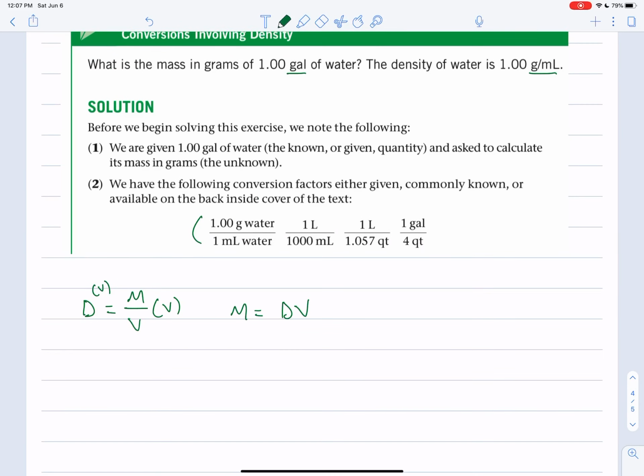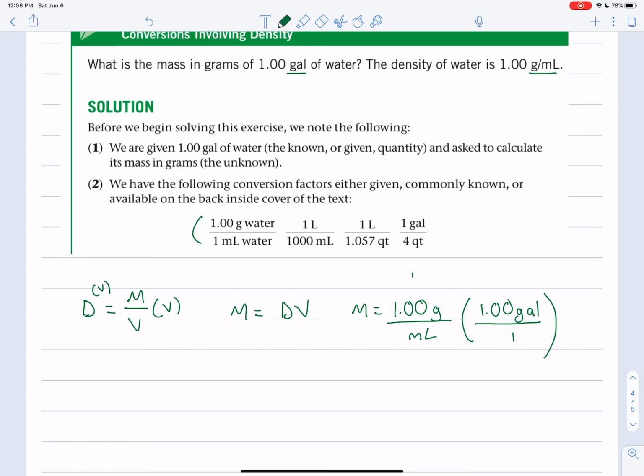So the mass is what we're looking for. We have our volume. So mass equals, let's put our density first, 1.00 grams per milliliter times our volume, which is 1.00 gallons. All right.